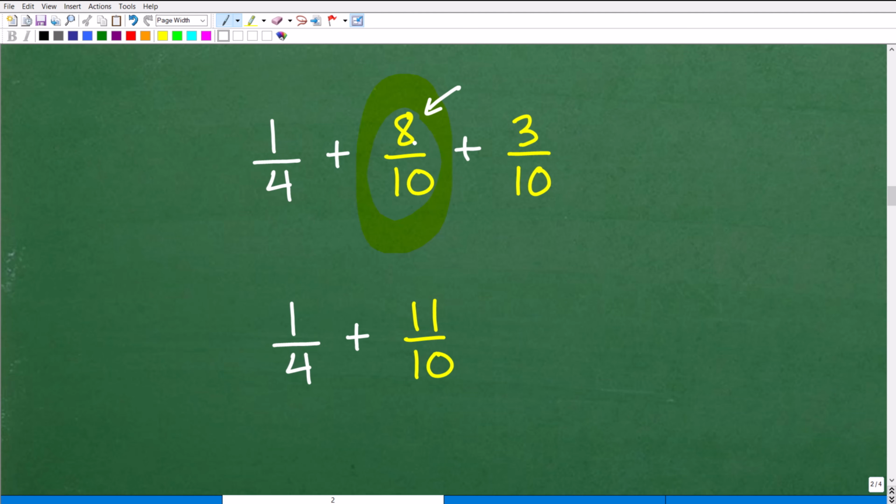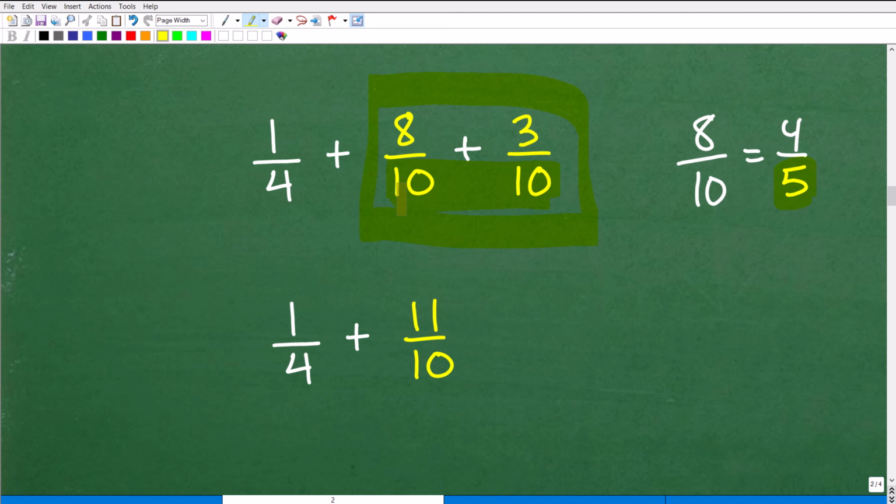So right here, I could reduce this fraction, 8/10. 2 goes into 8 four times, and 2 goes into 10 five times. That could be 4/5. But I'm going to leave it in its current form because I'm going to add these fractions up right here. These fractions have the same denominators, and if I reduce this fraction, all I would have to do is reverse that.